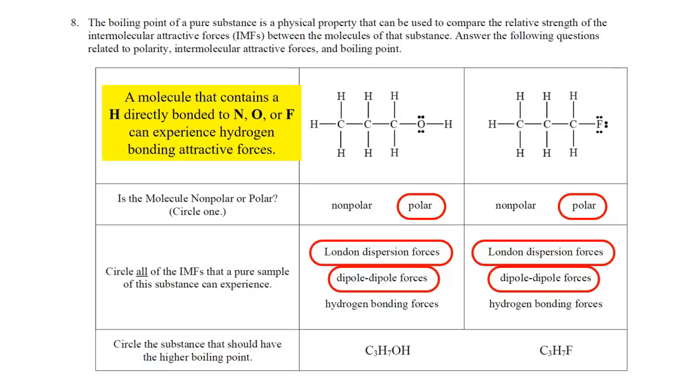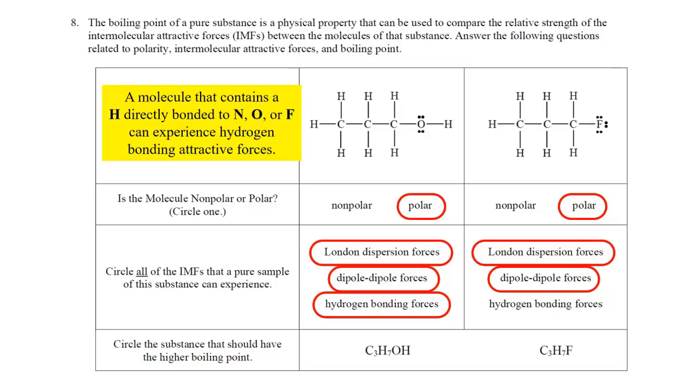Yes. The molecule on the left, which is C3H7OH, does contain a hydrogen directly bonded to oxygen, so it can experience hydrogen bonding, whereas the C3H7F, all of those hydrogens are bonded directly to carbon, so it cannot experience hydrogen bonding attractive forces.